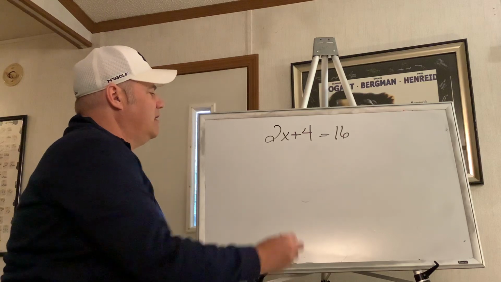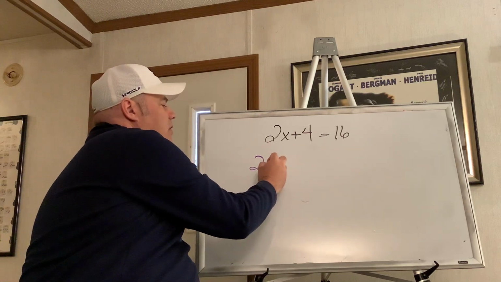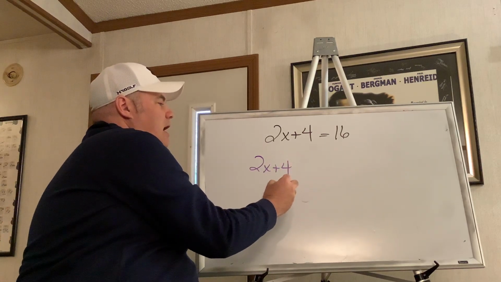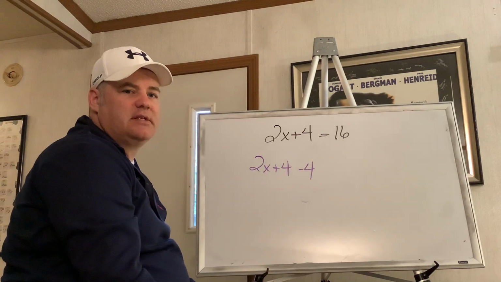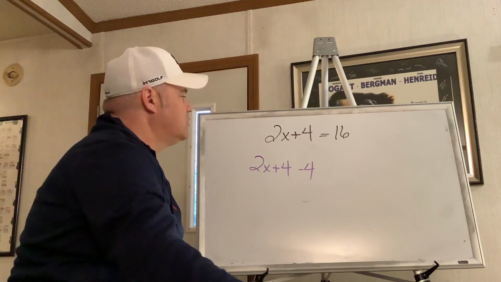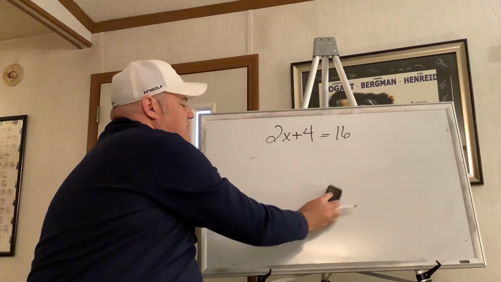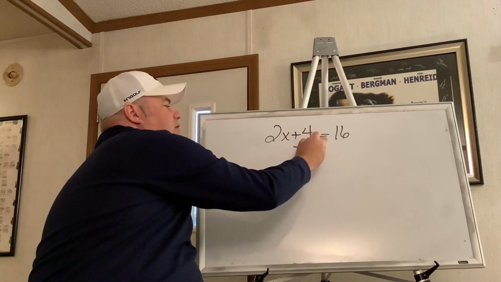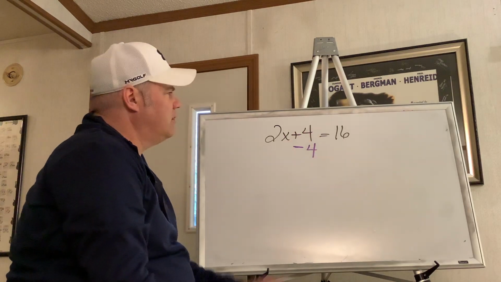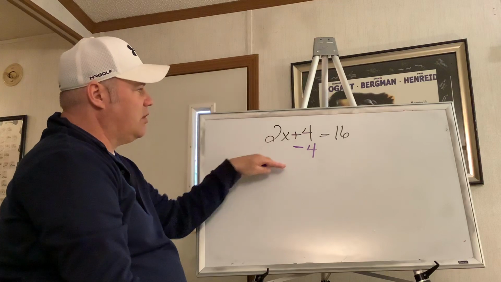Because if I have 2x plus 4 and I take away 4, that's easy to do. I can just subtract those and get my 0 and get rid of my 4. So in this case, my first easy thing to do is to get rid of the 4 by subtracting 4. Okay? You say, well, you're not doing that to both. I am. I'm doing it to the whole side.